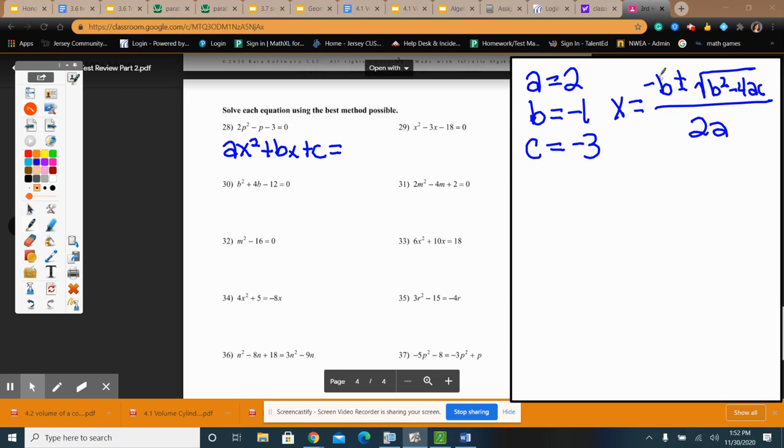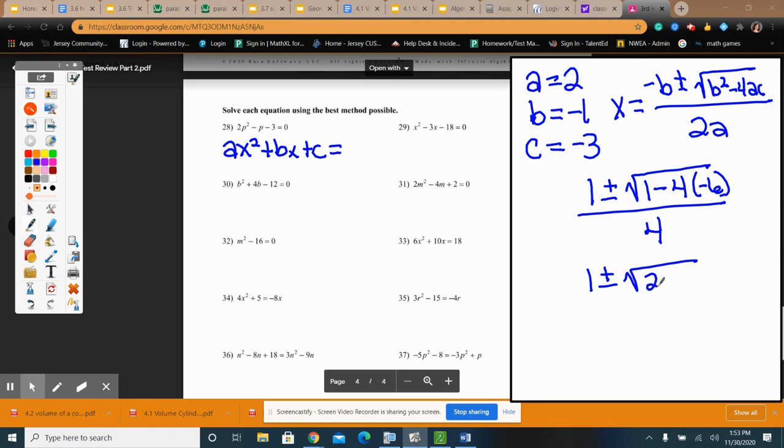Well, what is -b? You just change the sign of b and you get 1. Plus or minus the square root. b squared is always positive. -1 squared is 1. Minus 4 times a times c, which is -6, all over 2a, which is 4. So that gives me 1 plus or minus the square root of 1 plus 24, which is 25, over 4.